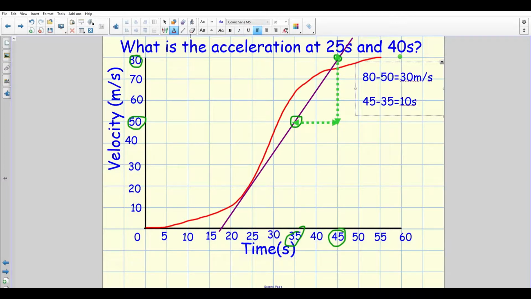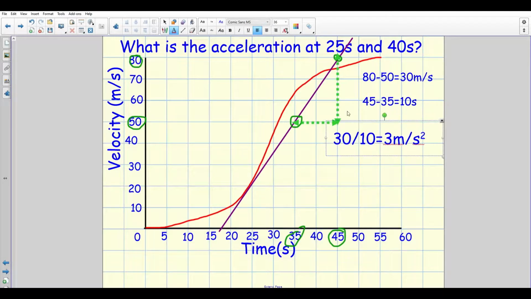Then all I need to do is stick that into my equation, change in velocity divided by time. So 30 divided by 10 equals 3 meters per second squared.